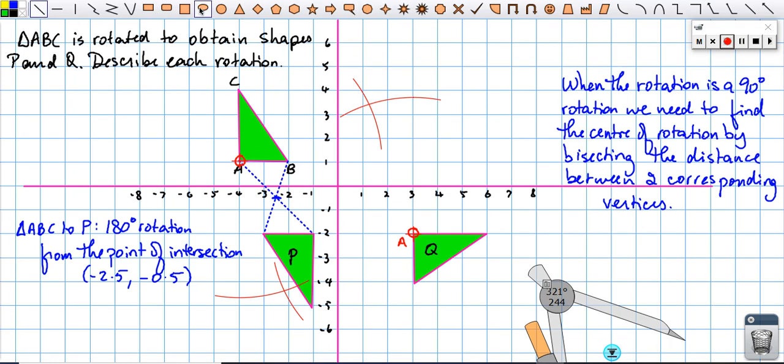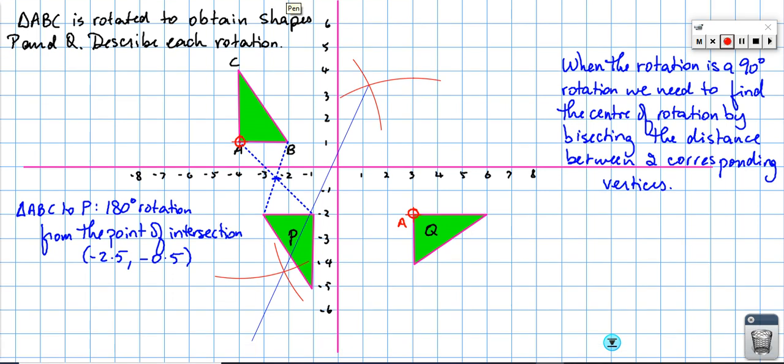So somewhere on that line there is my center of rotation, right? I'm going to draw that line. Now what do I need to do? I need to bisect another pair of corresponding coordinates. This time I'm going to choose C and C, or B and B. I'll be choosing B and B. So I have B here.